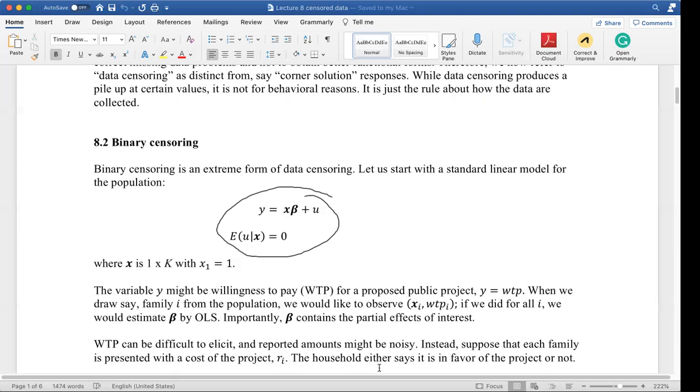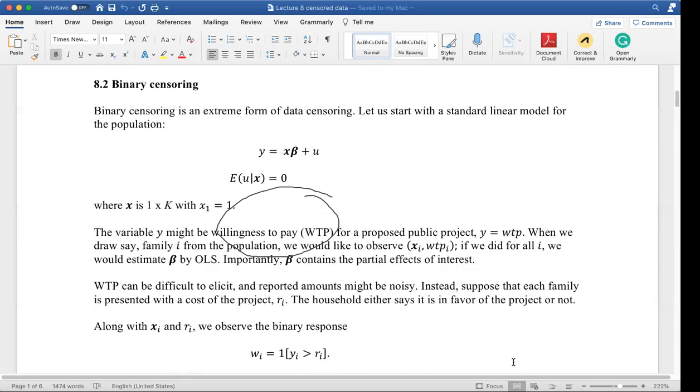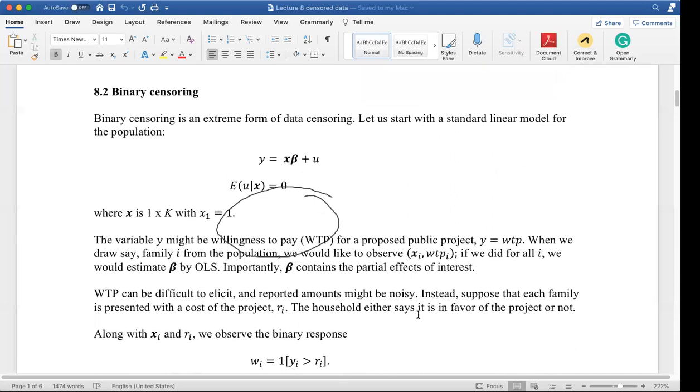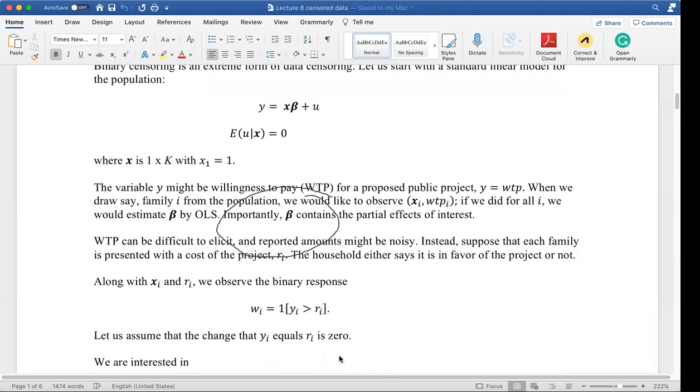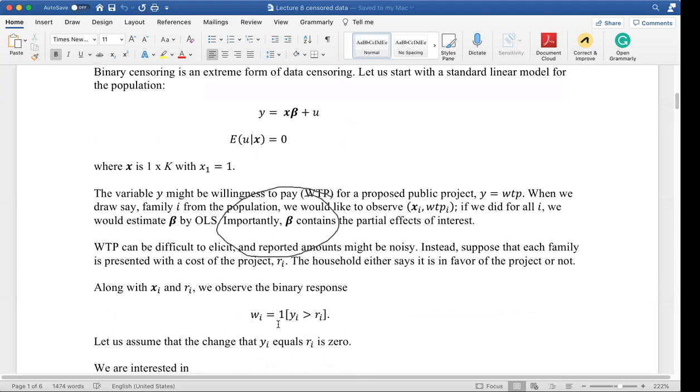Then the household either says it is in favor of the project or not. So we have an indicator function, w sub i, which is either 1 or 0. It is 1 if his willingness to pay is greater than r sub i, and 0 if his willingness to pay is less than r sub i.